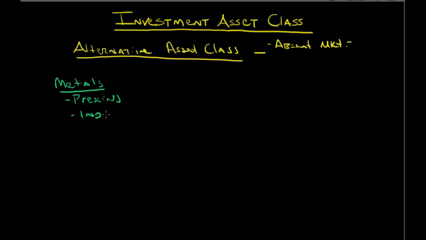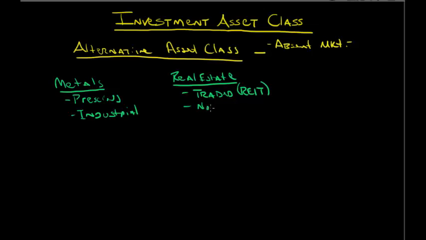So aluminum, or titanium, is not a precious metal, it's an industrial metal. Okay, you could go to real estate, and you could be in the form of a traded REIT, a real estate investment trust. Or you could do a non-traded REIT.